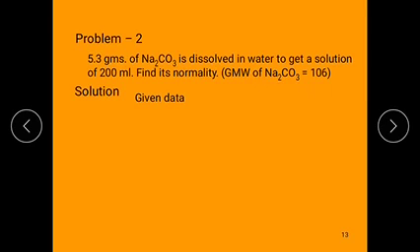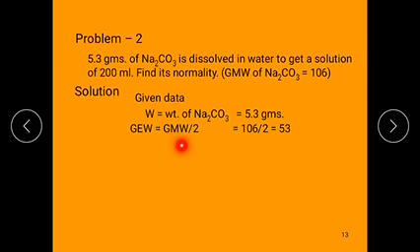The given data from this problem is the weight of the sodium carbonate is 5.3 grams. Then GEW, the gram equivalent weight of sodium carbonate, is the gram molecular weight of sodium carbonate by the total number of positive ions or negative ions, that is 106 by 2, which equals 53.